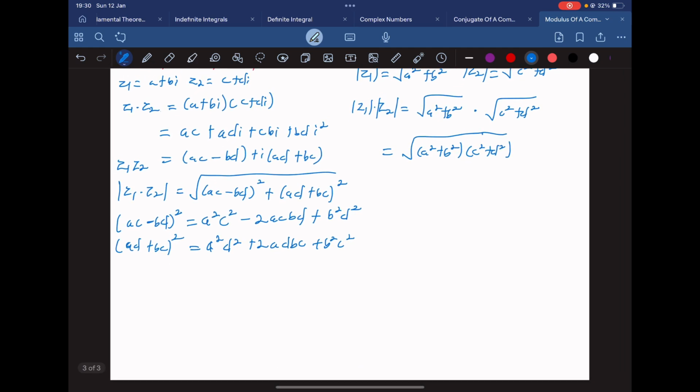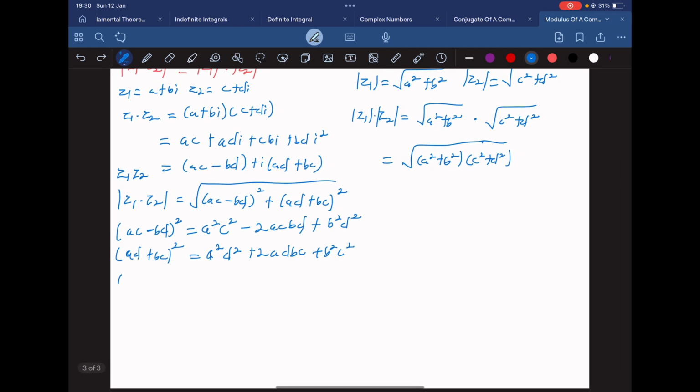Now let us combine this. So having AC minus BD squared, then plus AD plus BC squared, we are going to have A squared C squared minus 2. Remember, this is just ABCD, right? So we just have ABCD, then plus B squared D squared.